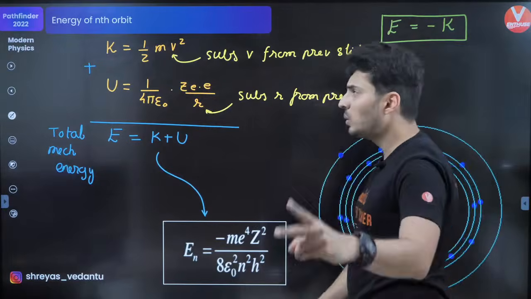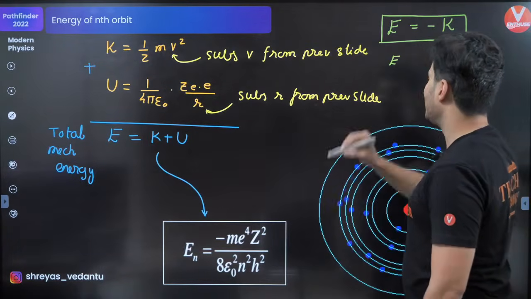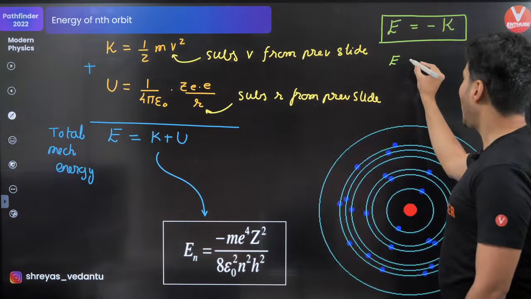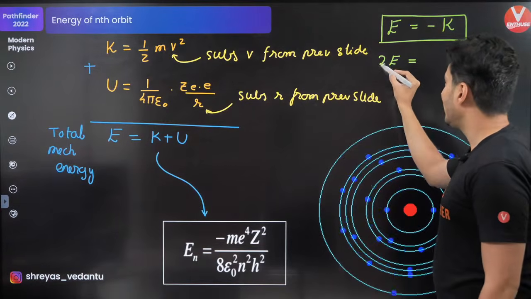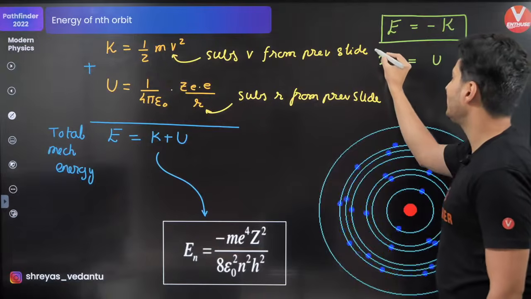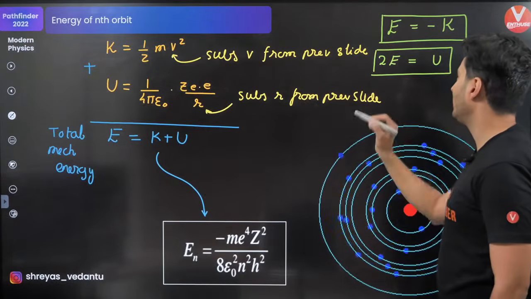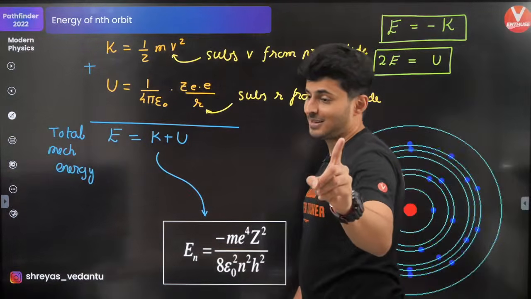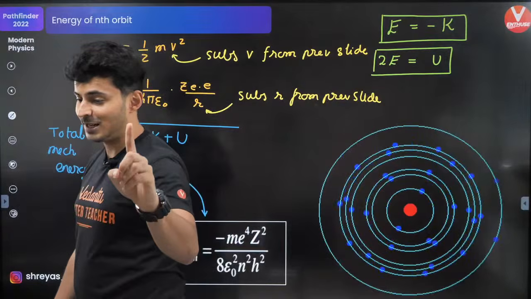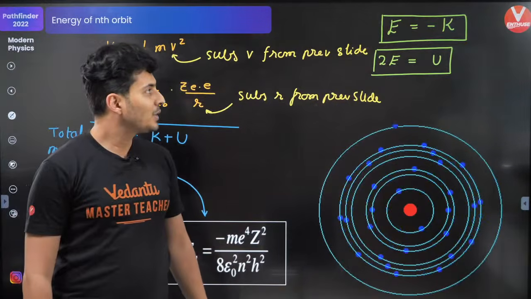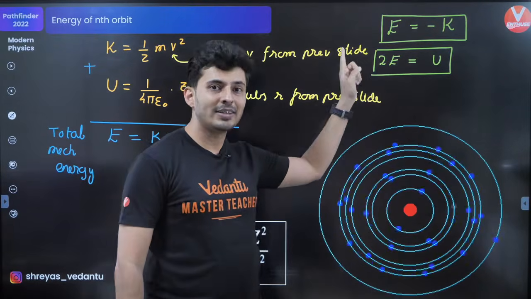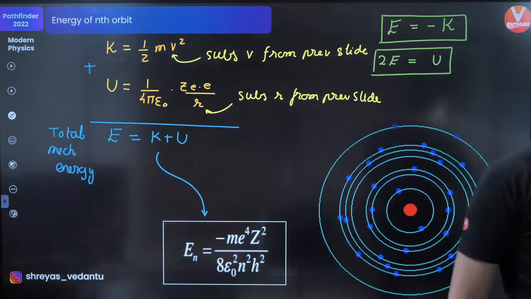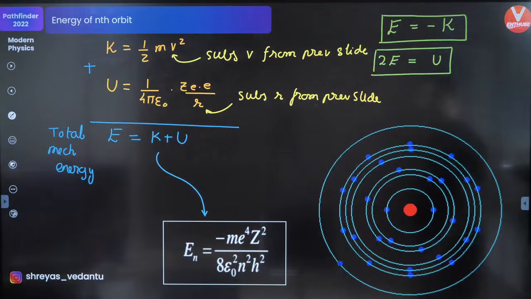Number two, the total energy is actually, or rather 2 times of that energy is actually the potential energy. Again, sign wise they are same. So total energy is potential energy by 2, or potential energy is twice of the total energy. That's how you need to remember it.